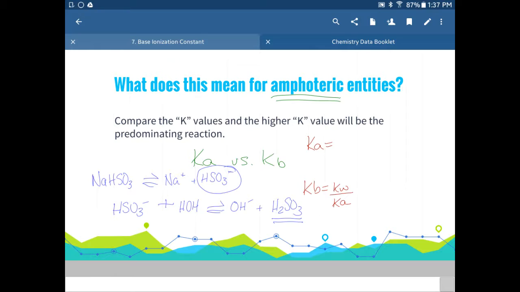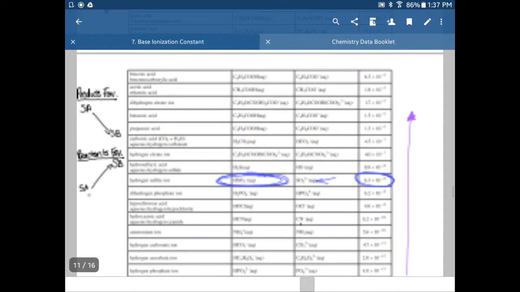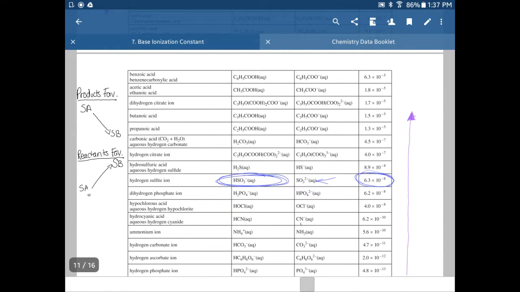So our Ka, we can write down, we do know that it is 6.3 times 10 to the negative 8. However, when we go to calculate our Kb, we need to find the conjugate acid of that. Now again, the conjugate acid is the entity that has one more proton. So our Ka, again, let's go back, is 6.3 times 10 to the negative 8.